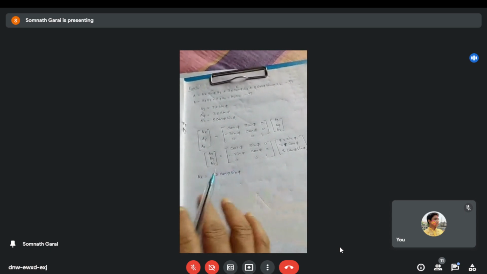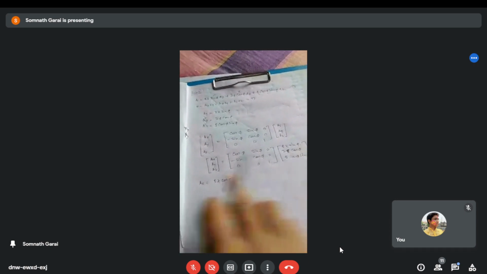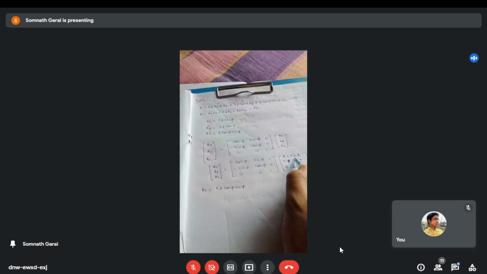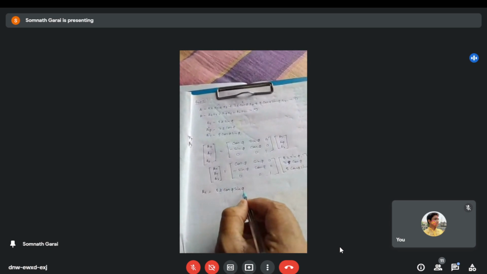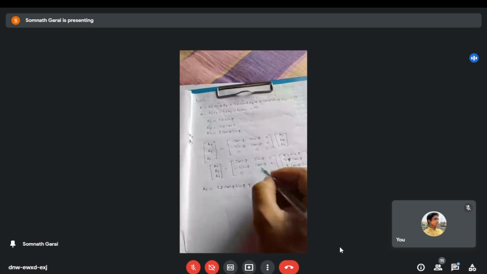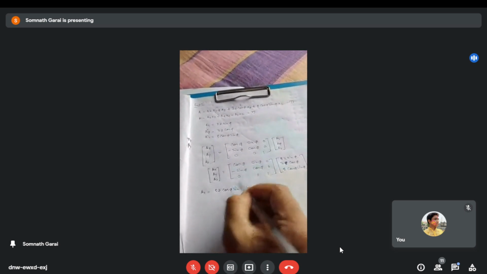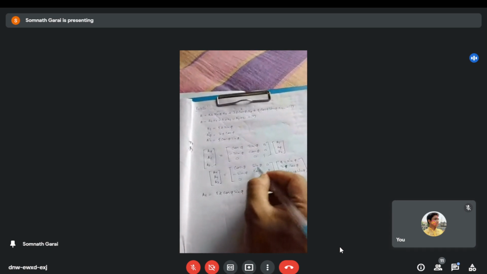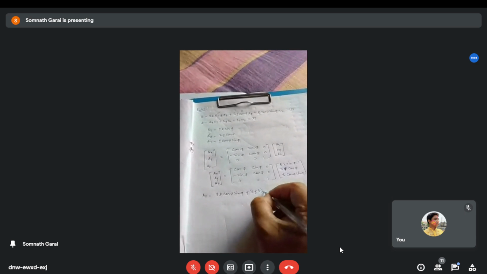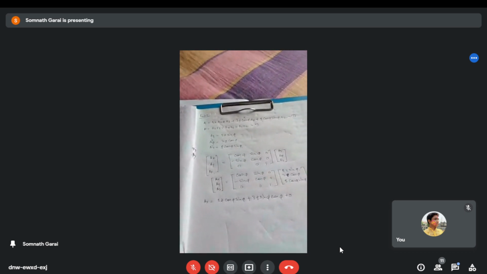Now we calculate the components according to matrix multiplication. So ax is equal to cos phi into rho z sin phi, plus sin phi into 3 rho sin phi cos phi, plus 0.